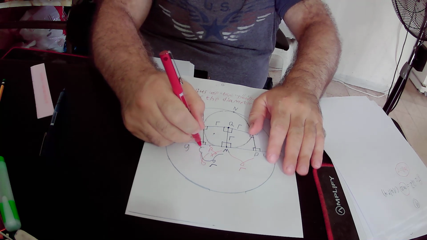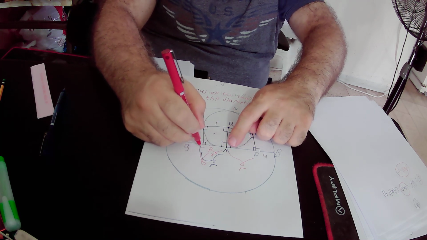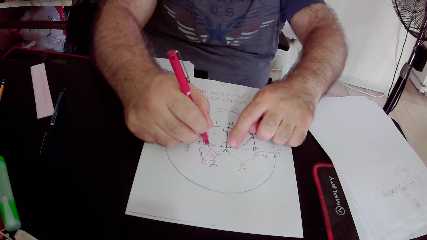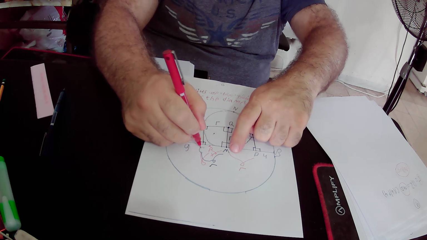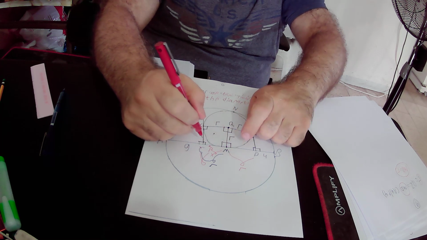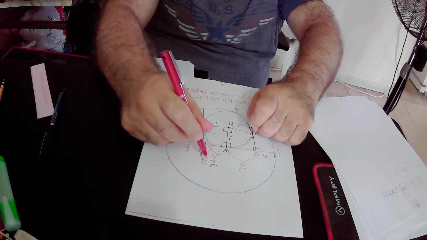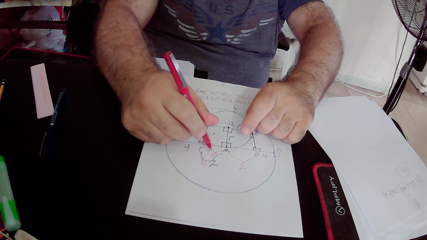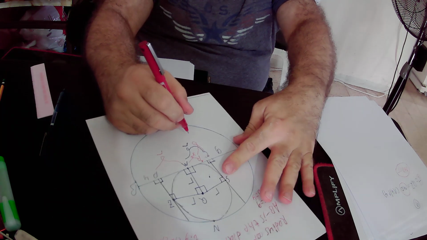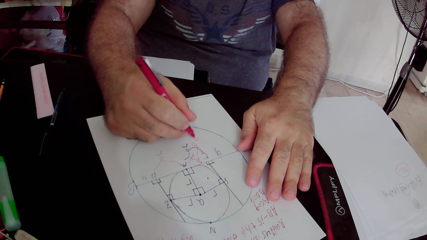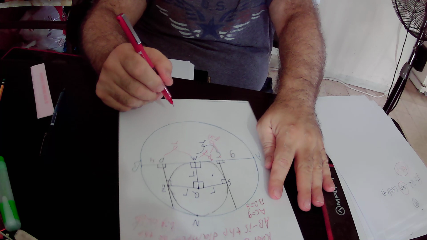CP equals CM minus PM. So actually CP equals CM, that is small r, minus PM, that is x. So CP equals r minus x. Okay, CP equals r minus x.